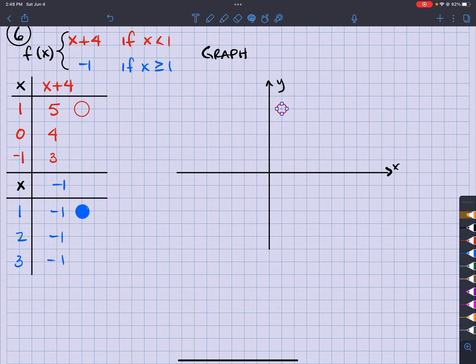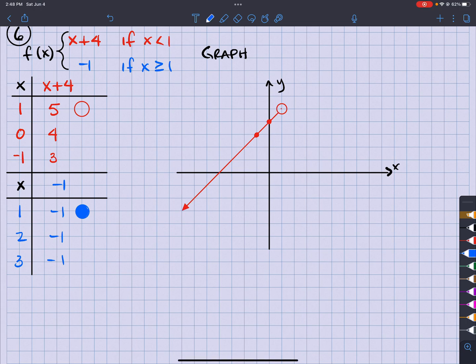Then I have 0, 4, and I have -1, 3. So I'm going to have something that looks like that.